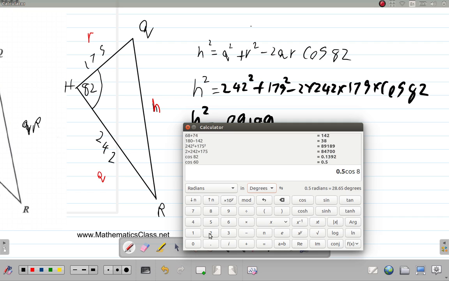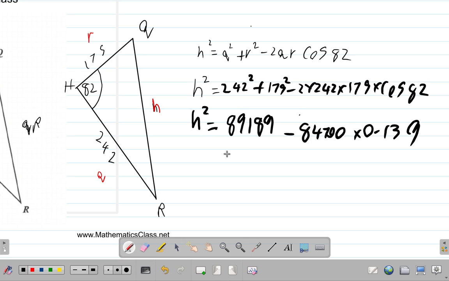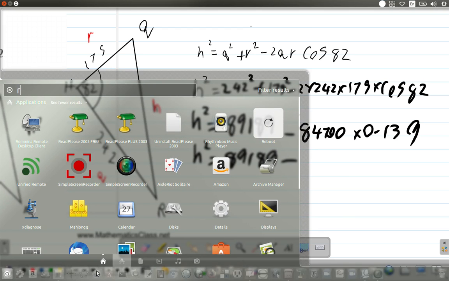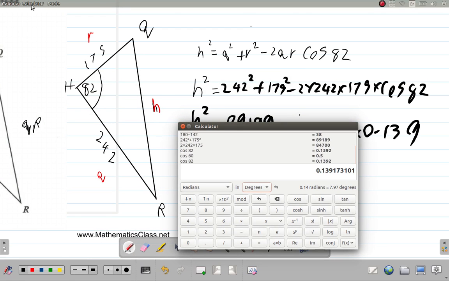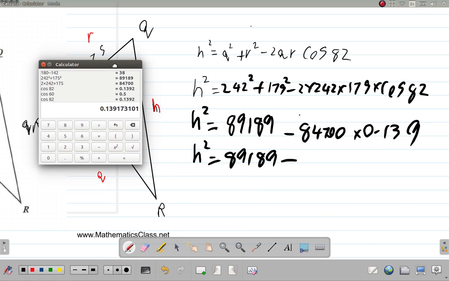So h squared equals 89,189 minus 84,700 times 0.139. 84,700 times 0.139 equals 11,787.96.